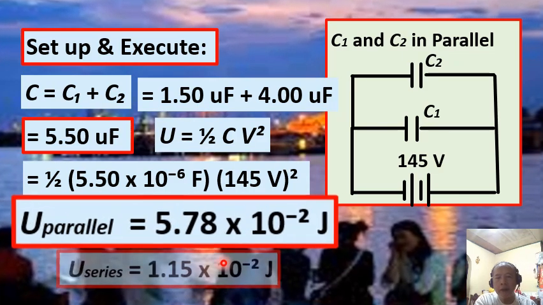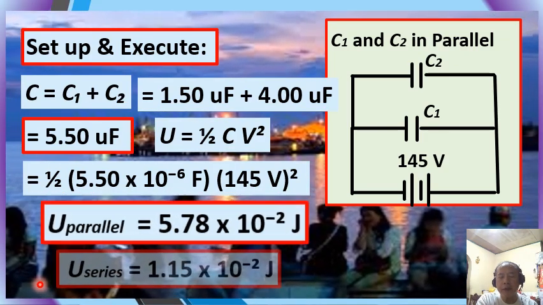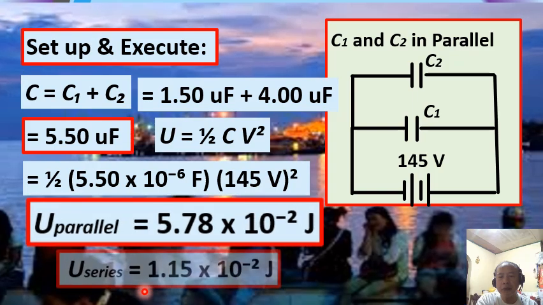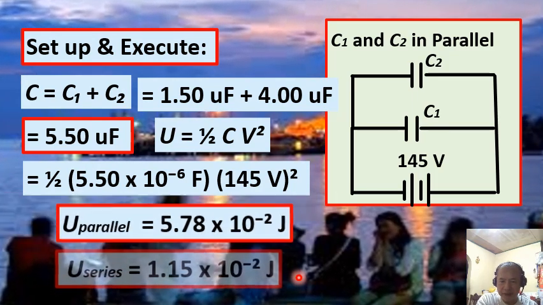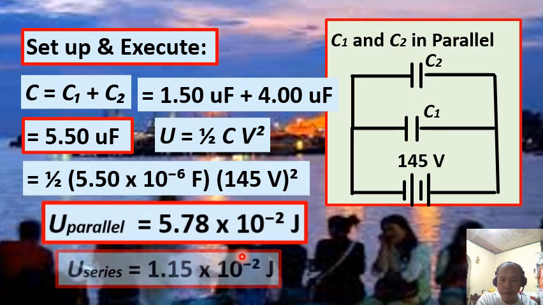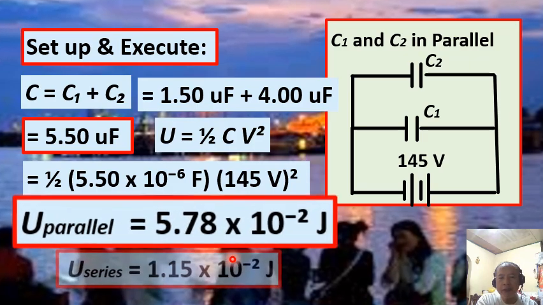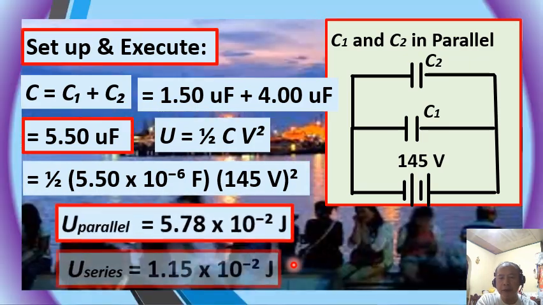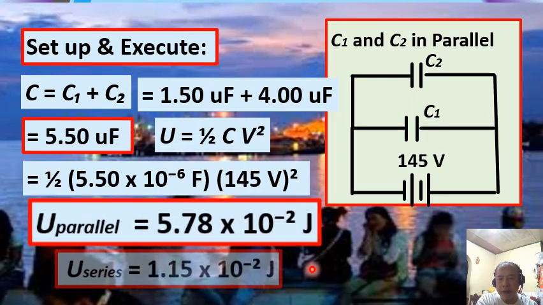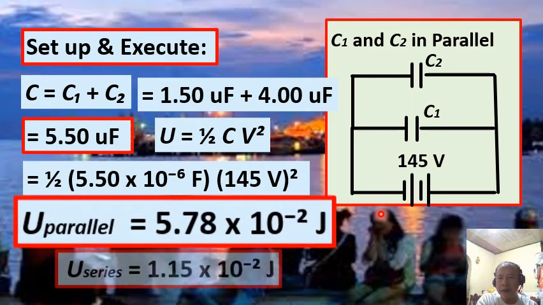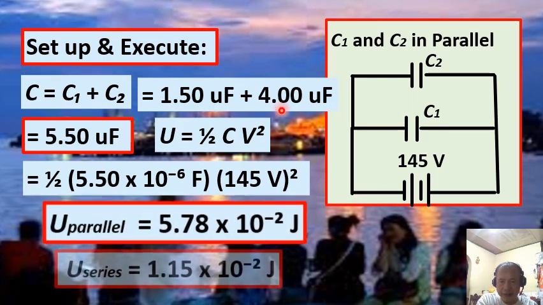And earlier, we got the value of the stored electric potential energy in the two capacitors when they're connected in series. So, it appears that this amount of stored electric potential energy is much greater when the two capacitors are connected in parallel than when they're connected in series.